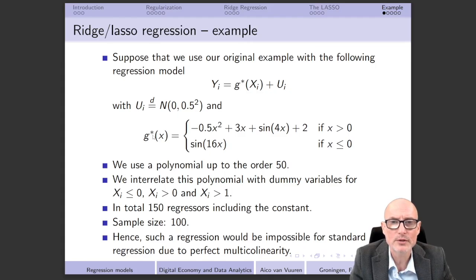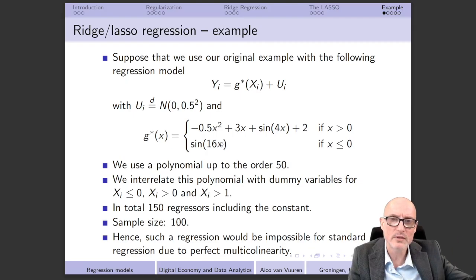But now I'm also going to assume that g star x is going to be equal to the sinus of 16 times x at the moment that x is smaller or equal to 0. So this makes it a little different, and we will see that it makes it a little difficult to predict this g star x, simply because we have here a very high frequency sinus that is very difficult to predict.